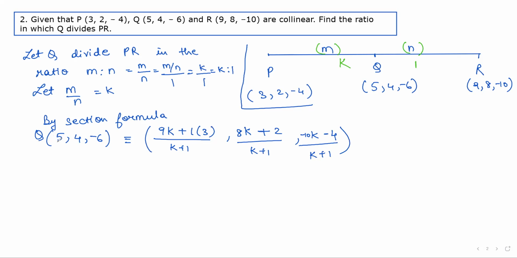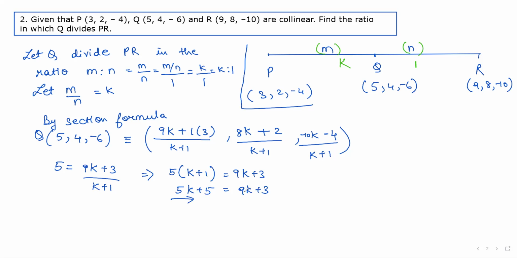So you can equate both sides. Your x coordinate will be equal: 5 will be equal to 9k plus 3 upon k plus 1. You can solve this by taking k plus 1 to the left hand side. You have 5 into k plus 1 is equal to 9k plus 3. 5k plus 5 is equal to 9k plus 3.